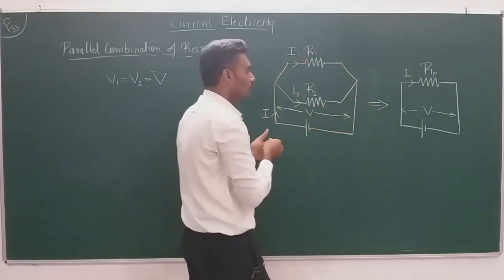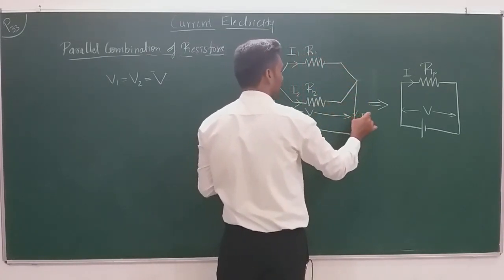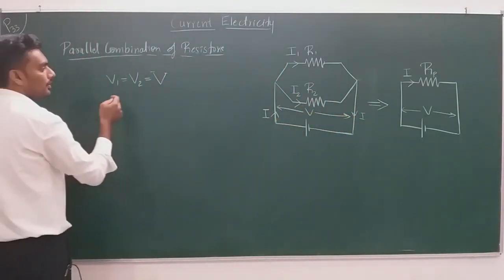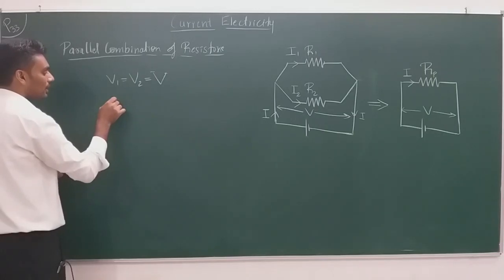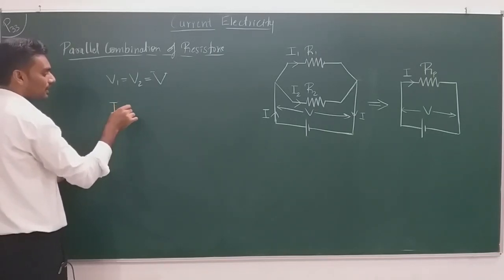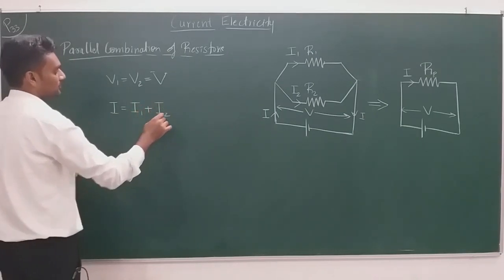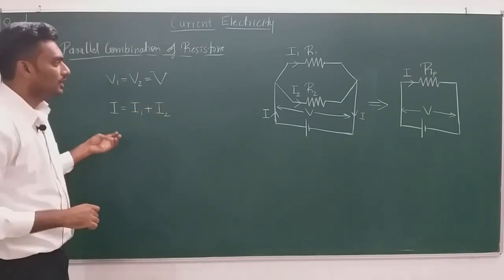Following? So I can say from the diagram and from the analogy of water flow, the total current I is equal to I1 plus I2. Okay.